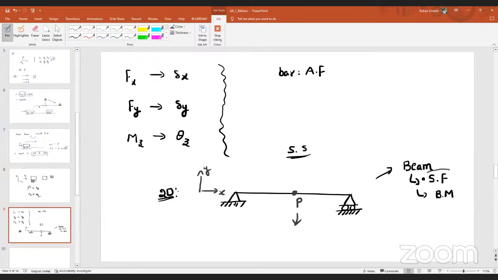Don't completely stick to this. Forget about this. This is just to tell you that it is a beam problem. Now my question is, this is a two-dimensional problem, or I'm taking an object. I'm treating this simply supported beam as my object. I have taken an object in a two-dimensional plane. In that object, I'm talking about a point P. Then how many types of deflections or movements are possible?